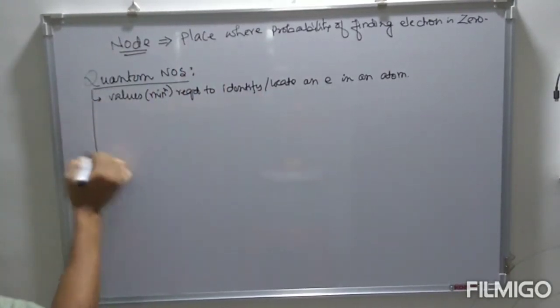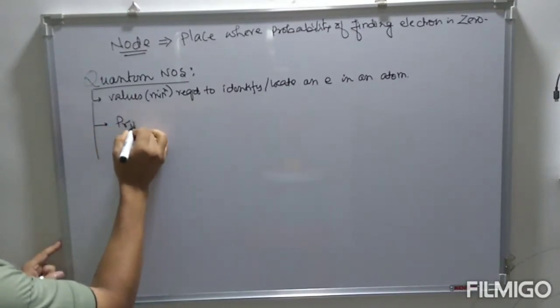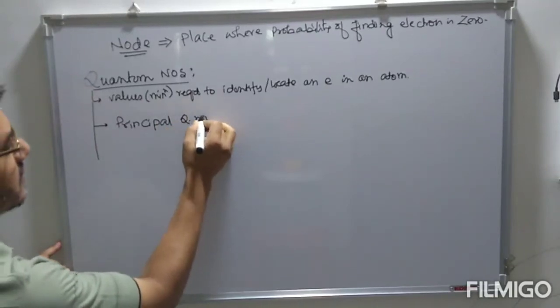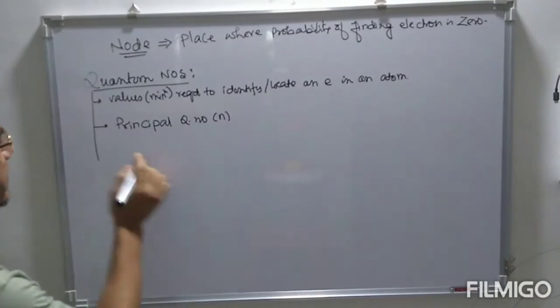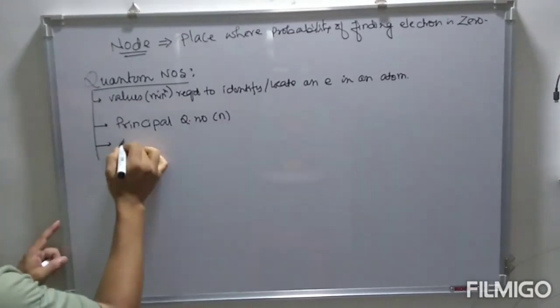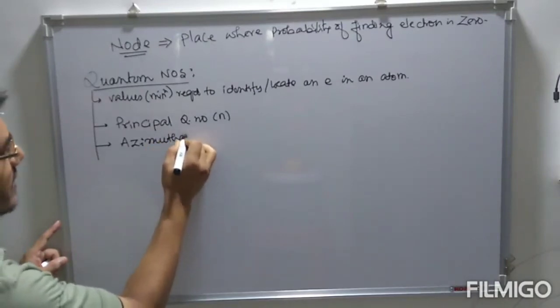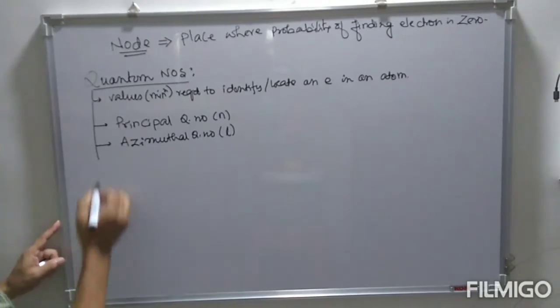So there are 4 quantum numbers. One is known as principal quantum number n, represented by small n. Second one is azimuthal quantum number small l.